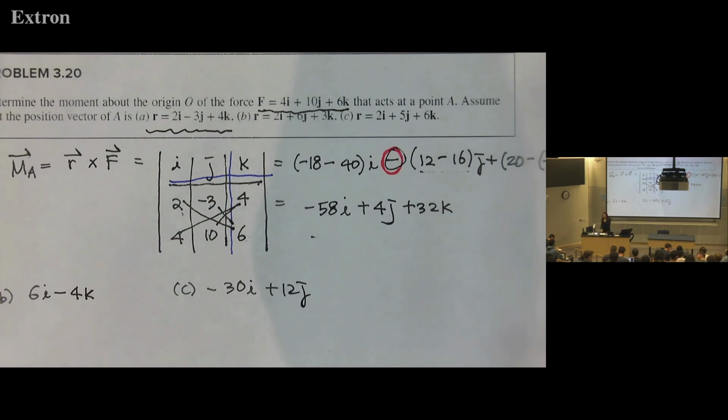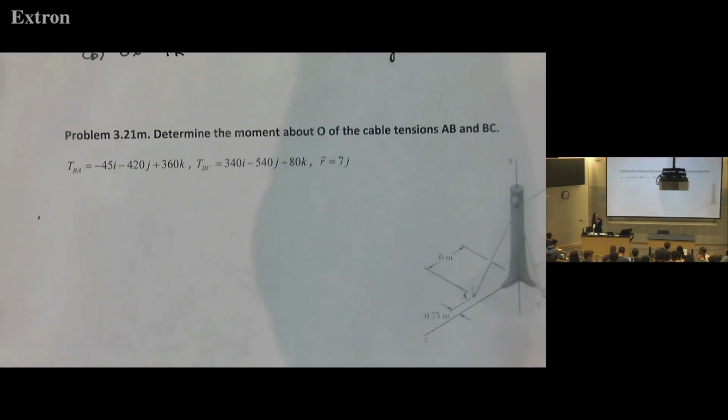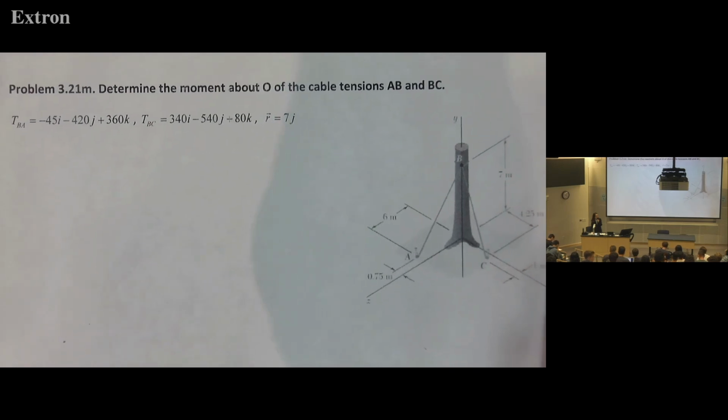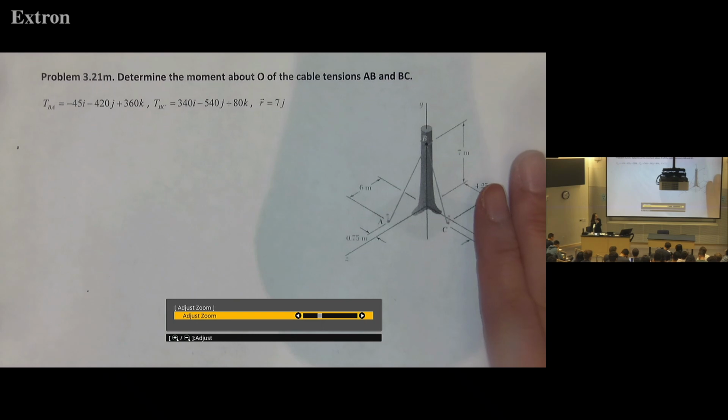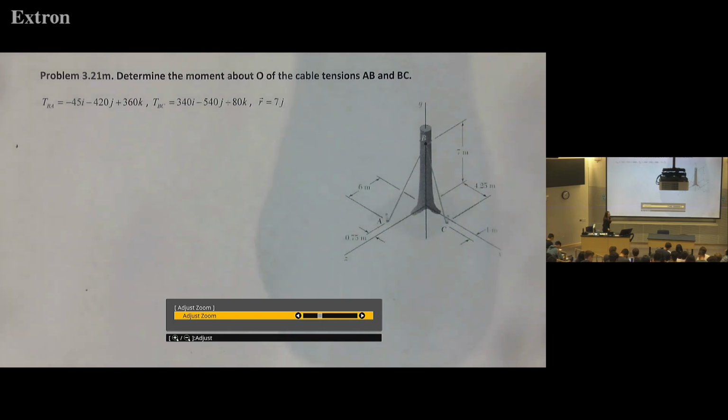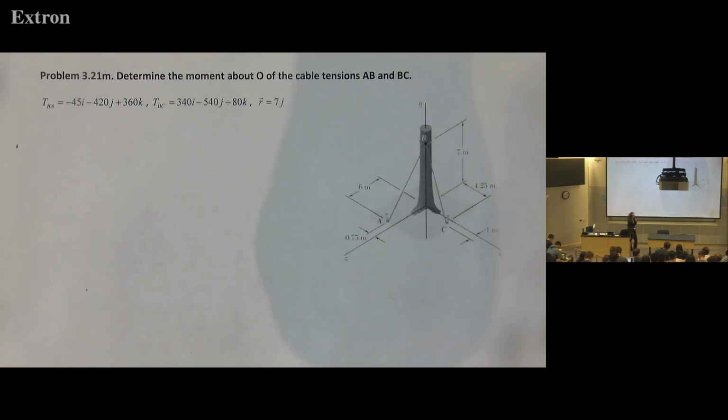Okay, then the last one is 3D moment. Okay, so, wow, it's high. So you determine the moment about all of the cable tensions AB and BC, right? So there is a tree here, right?